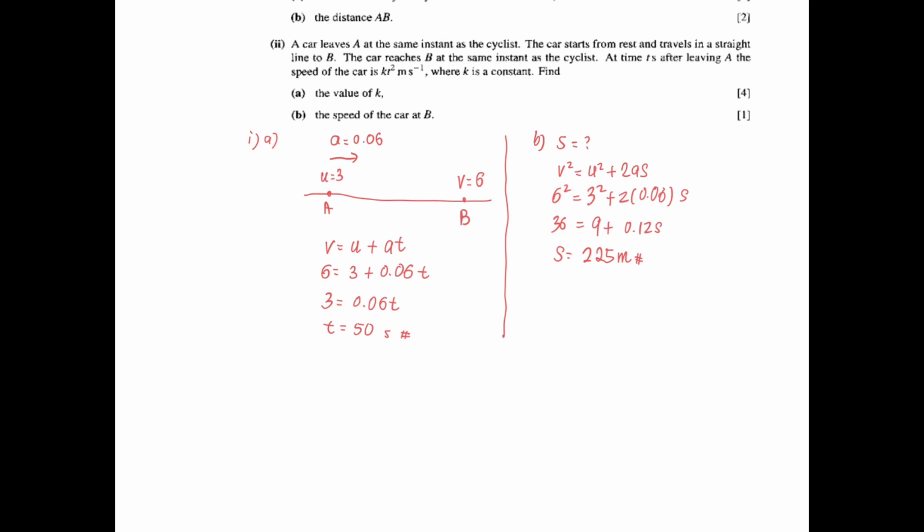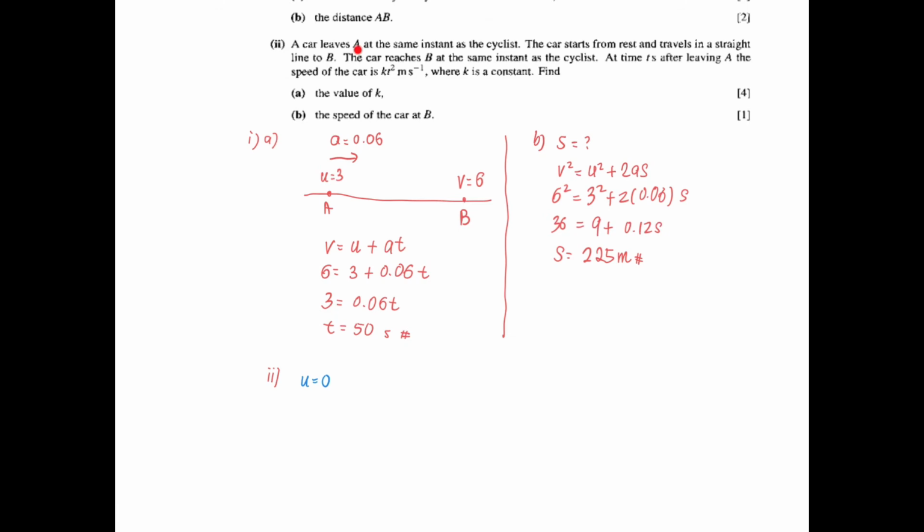For part 2, let's say I use blue color to represent the car. Start from rest, U equal to 0. And after that, travel in a straight line to B.